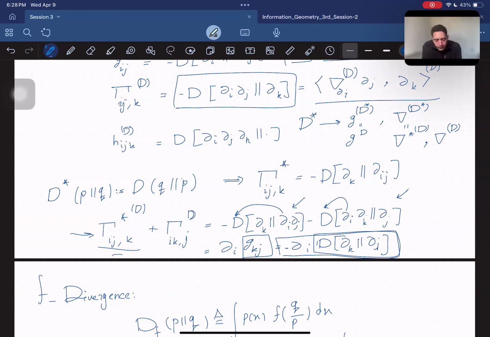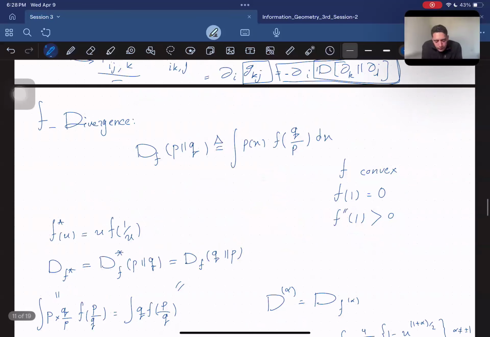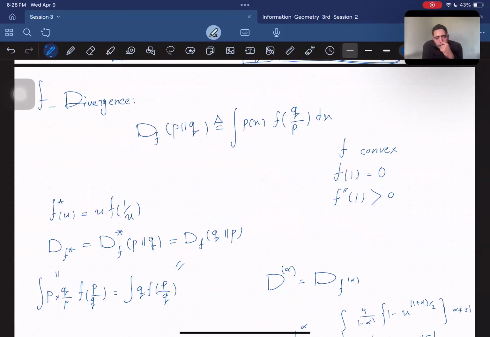Now, out of all divergences, if any of you has taken any information theory class, you are familiar with the concept of F divergence or Bregman divergences. They use the following divergence.